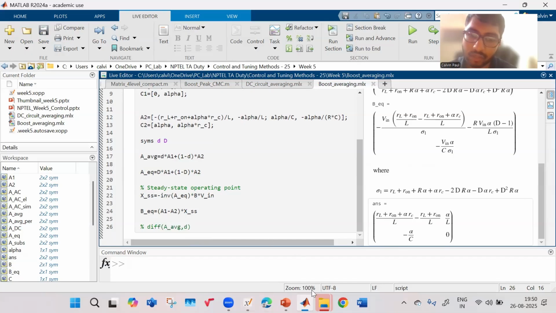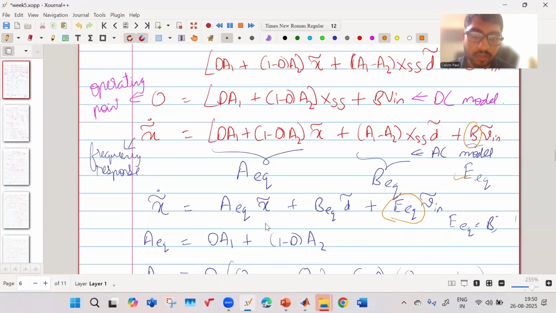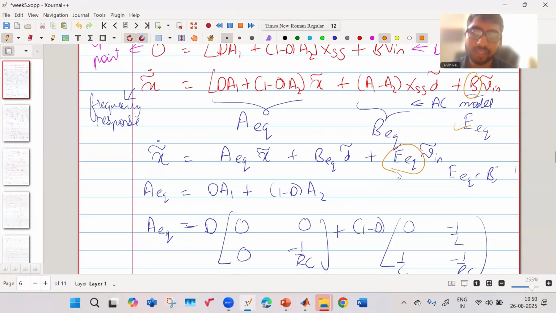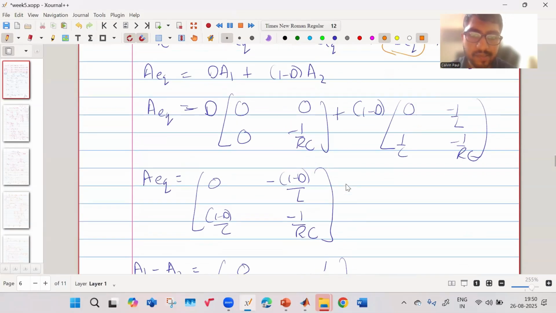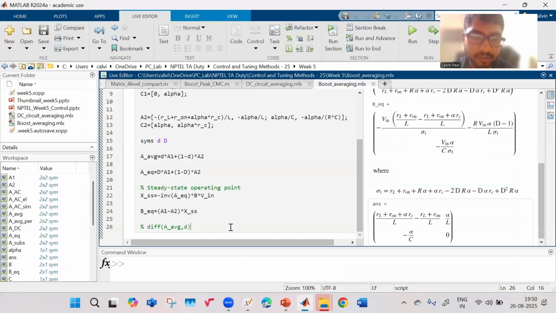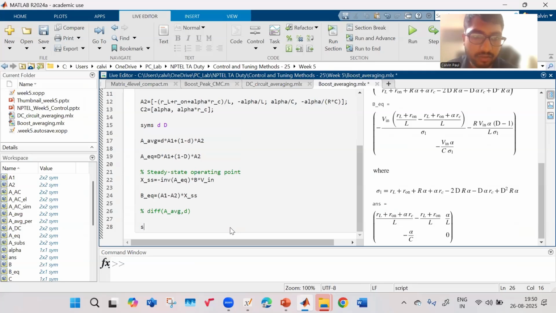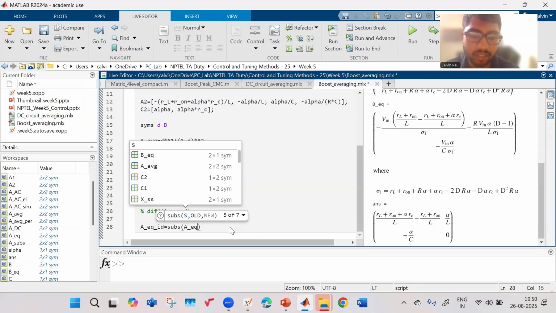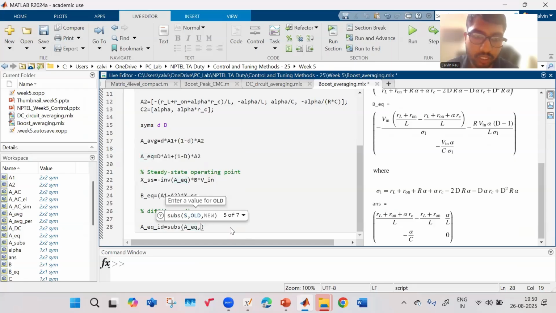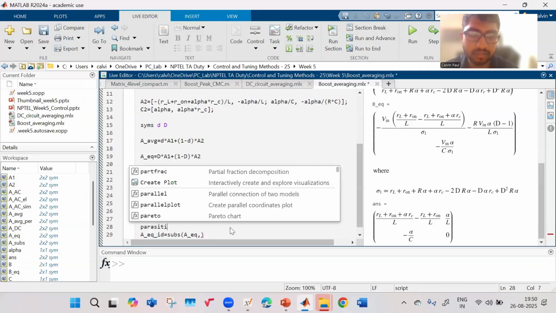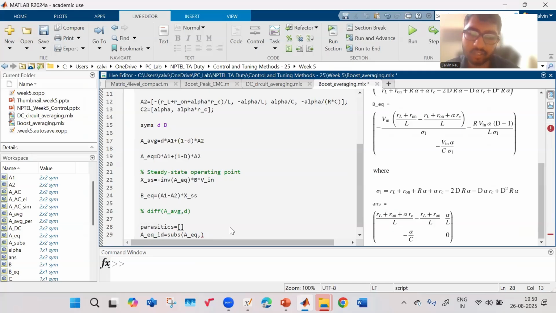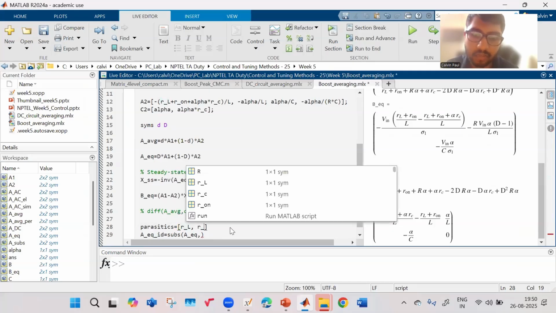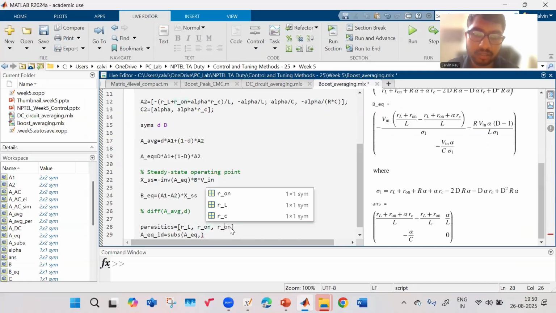So what we were supposed to do was B equivalent. We got B equivalent also, so it is fine. We can substitute A equivalent ideal, substitute A equivalent old. Parasitics. What are the parasitics? That is your RL, R on, your RC. These are parasitics.